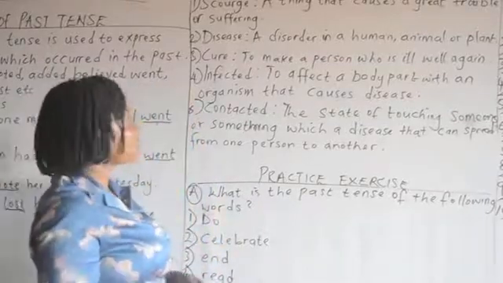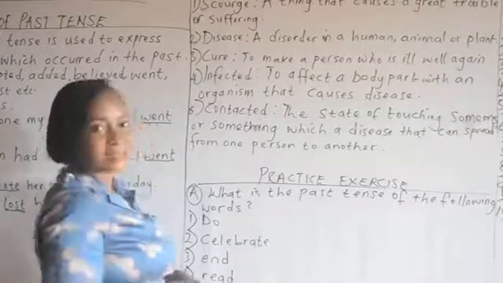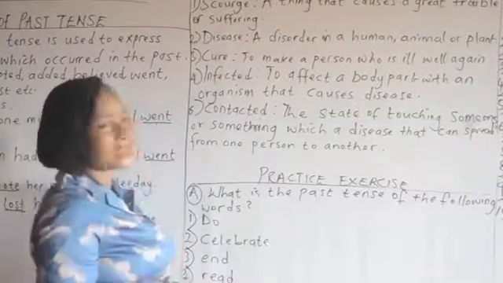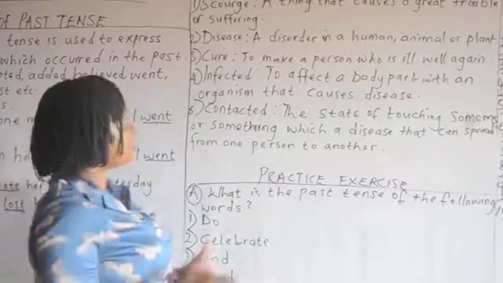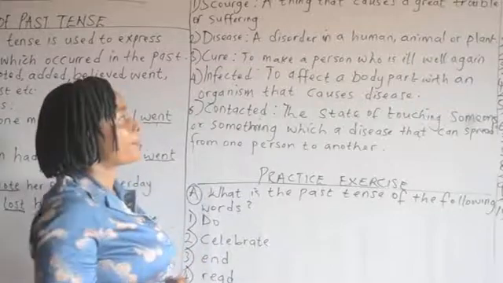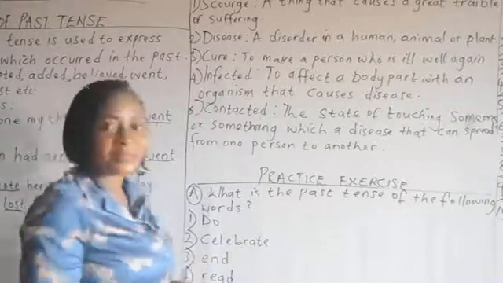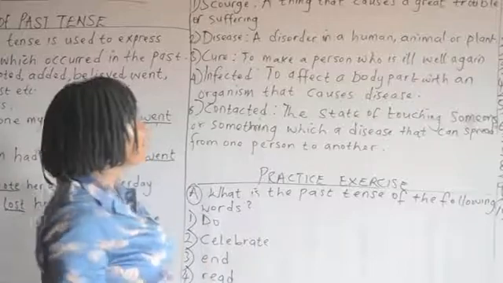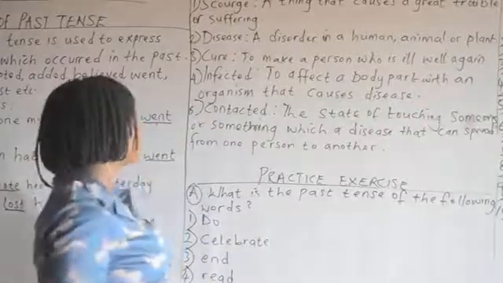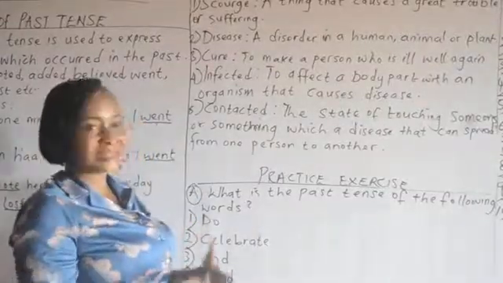Part with an organism that causes disease. So you see, all these words are related to health. Infected, I said, means to affect a body part with an organism that causes disease, or a disease-causing organism. Number 5, contacted.